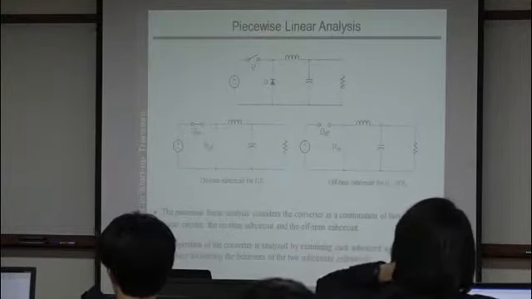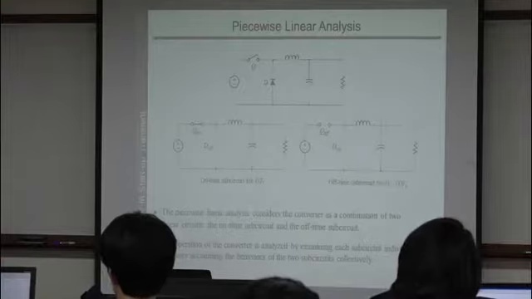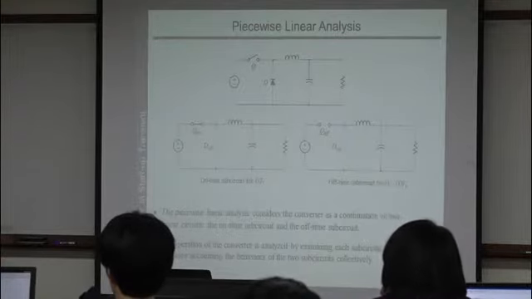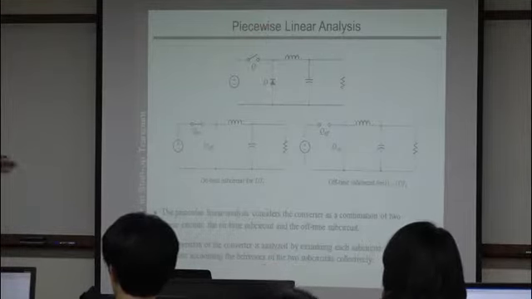Time variant or time invariant? The power electronic circuit itself. Think about it. Your switch is always turning on and off. Then, according to your duty ratio, the circuit is continuously changing. Then you can say that it is a time variant system, right?